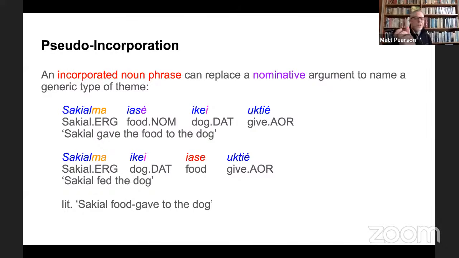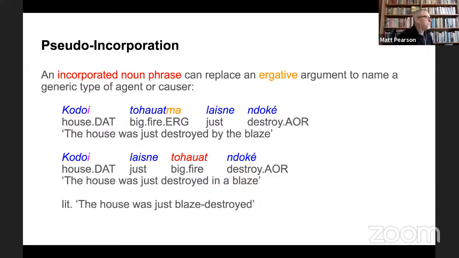If I instead replace that with the unmarked noun yase, which has to immediately precede the verb, then we get Sakyalma ikei yase ukche, which is literally something like Sakyal food gave to the dog, which is the way you would say Sakyal fed the dog. So here I don't have any particular food in mind. That's just the type of thing.